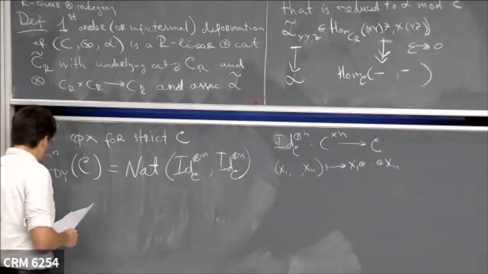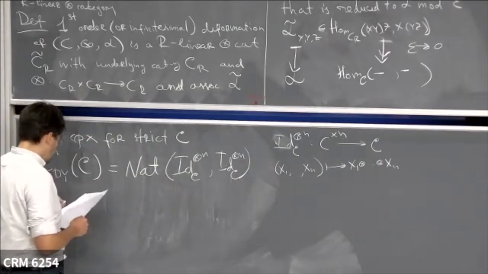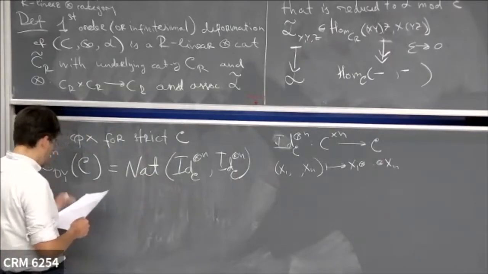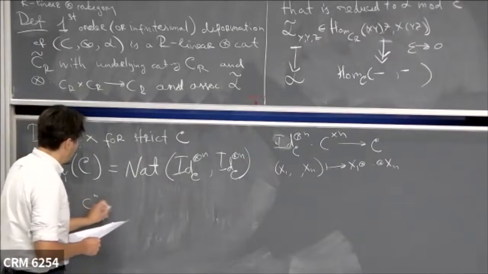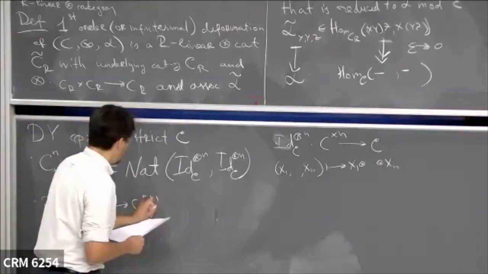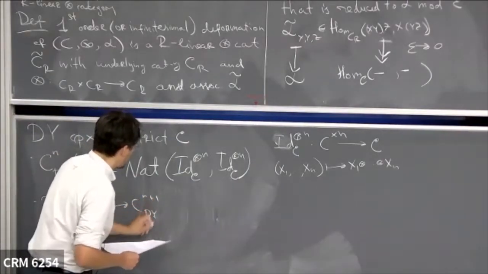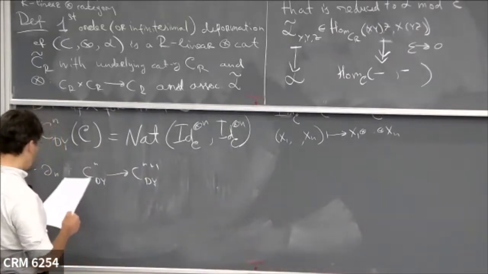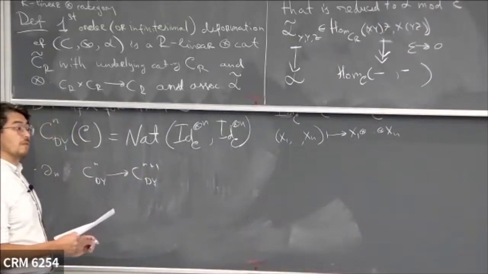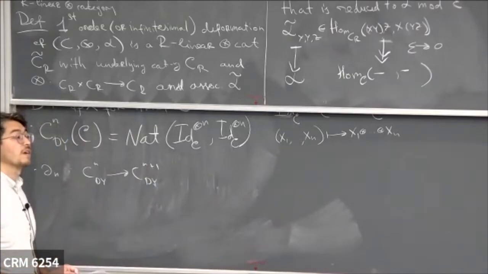And differentials dn, I will write in the form: dn is from Cn dy to Cn plus 1 dy. So the differential is like this, right? And multilinear natural transformations or something.